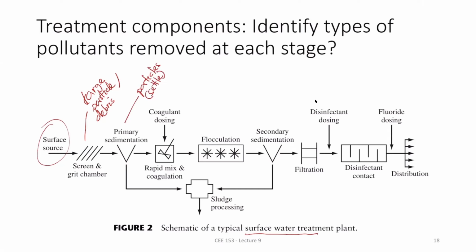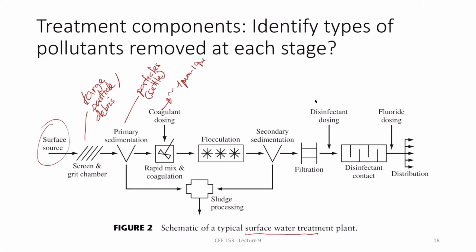Once you remove those, you have very fine particulates, around 1 to 10 micrometers. These particulates take many days to remove, maybe around 24 hours. It's not practical to hold the water for that long. So you've got to speed up that process.